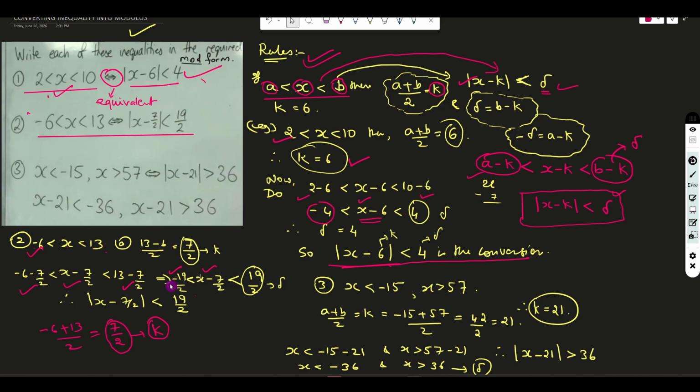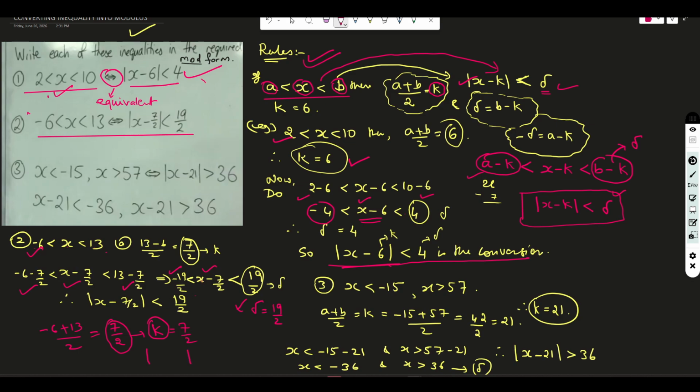Once the inequality takes this form, where the extreme values are numerically the same but opposite in sign, then you can directly jump to the conclusion. Now this 19 upon 2 that you get will be taken as delta. So now you got k equal to 7 upon 2, and delta equal to 19 upon 2, right? So write it in the modulus form straight away.